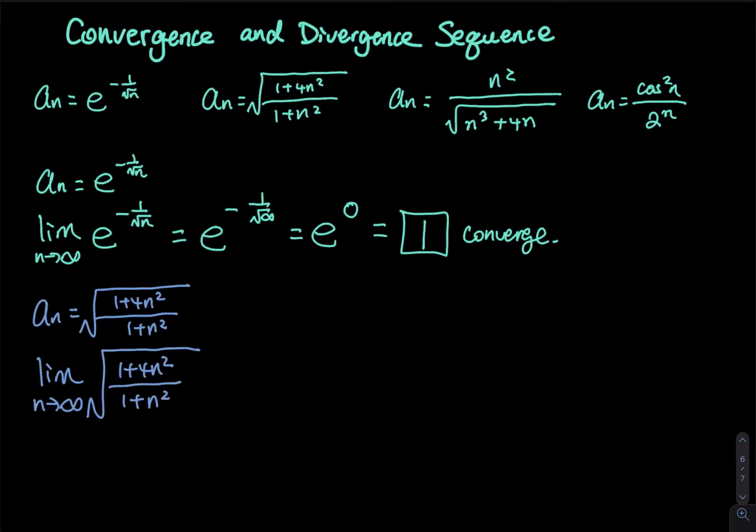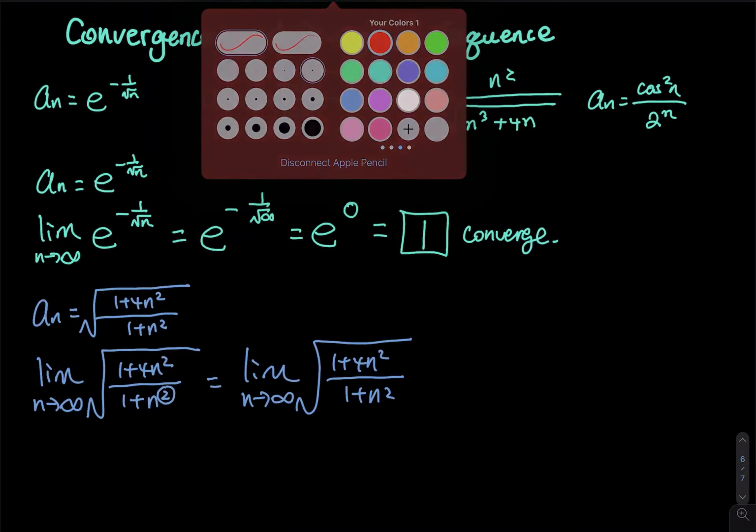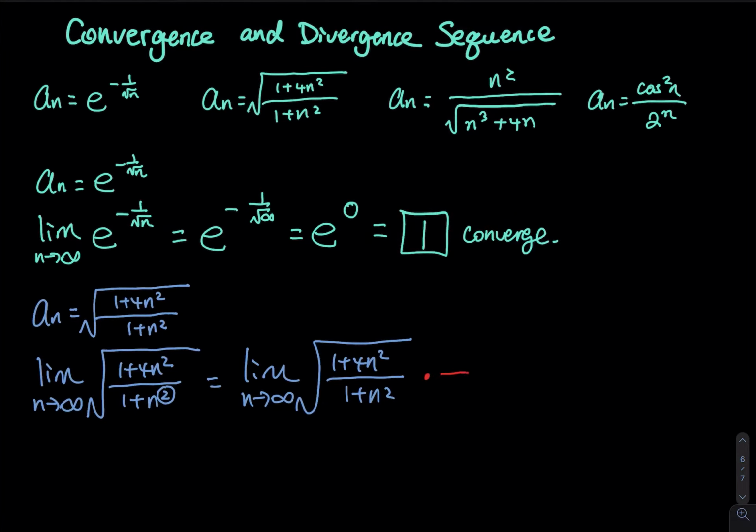The highest power in the denominator is 2, so we multiply by 1 divided by the square root of n squared, 1 divided by the square root of n squared.